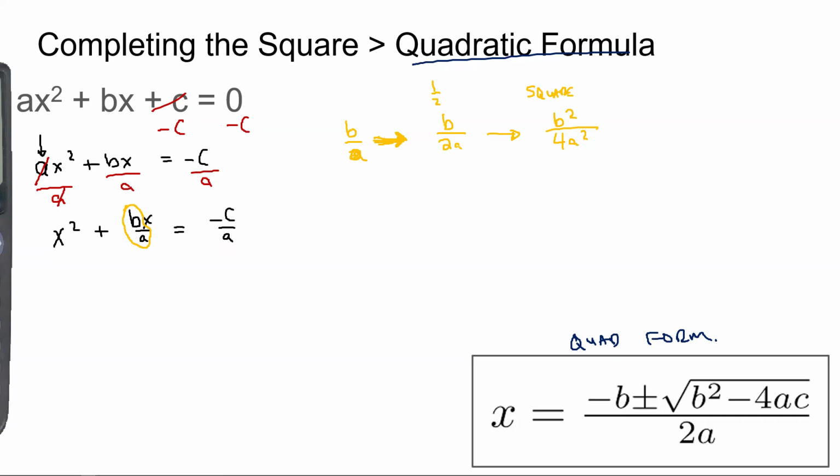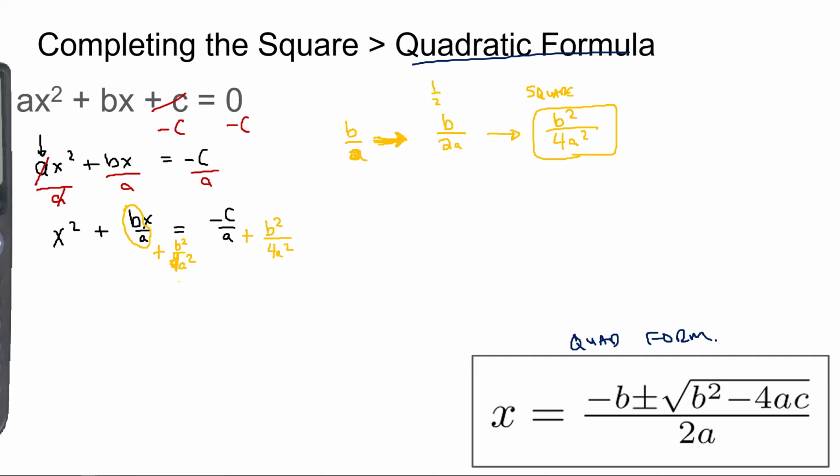The b squared is b squared. The 2 squared is 4. The a squared is a squared. All right. This is what I want to add to both sides. So we would just come in here and say plus b squared over 4a squared. And over here, I need to do plus b squared over 4a squared.